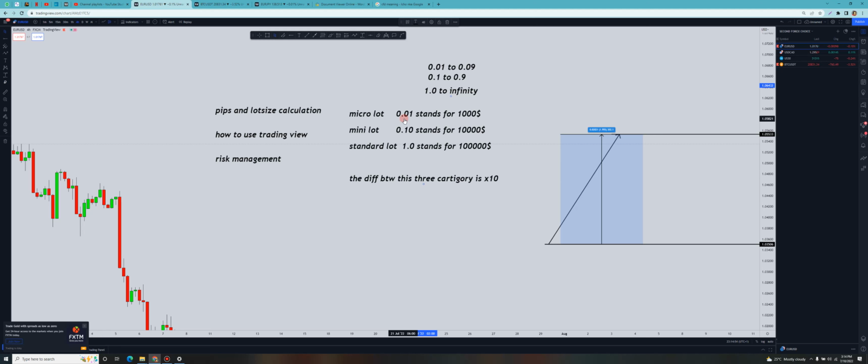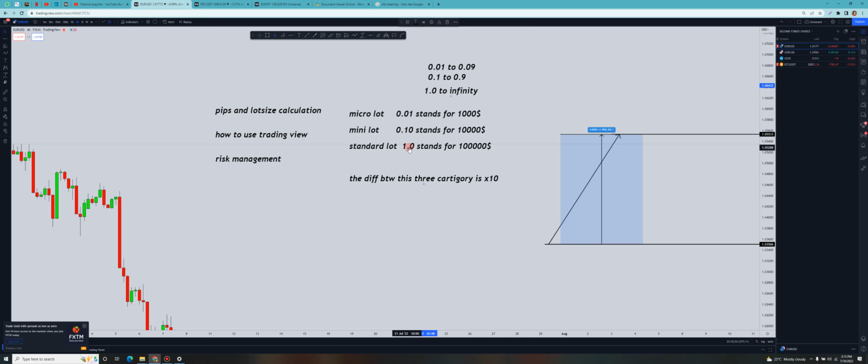You see, 0.03, $3,000, 0.04, $4,000, 0.05, $5,000, 0.09, $9,000. Then you get to 0.1: $10,000, 0.2: $20,000, 0.3: $30,000, 0.9: $90,000, 1.0: $100,000, 2.0: $200K, 9.0 is what? $900,000.